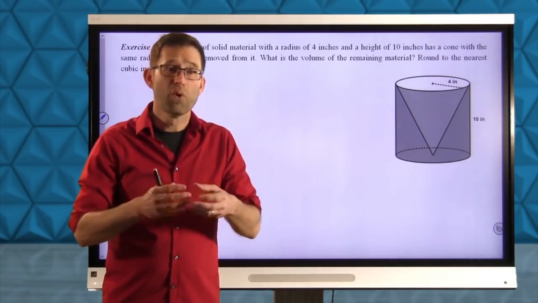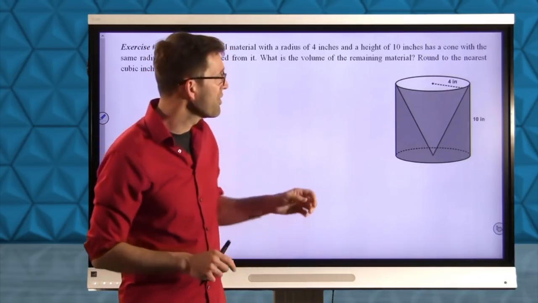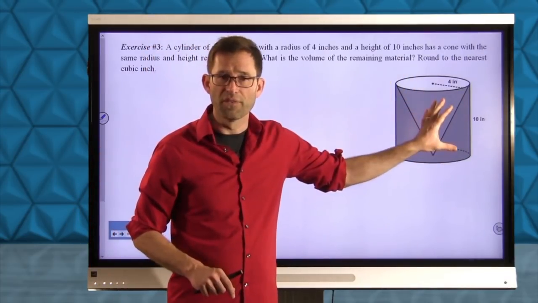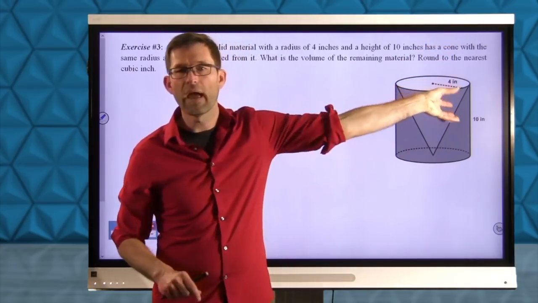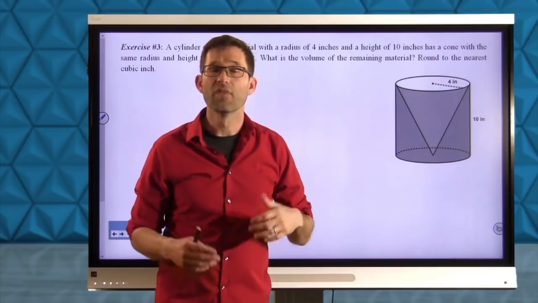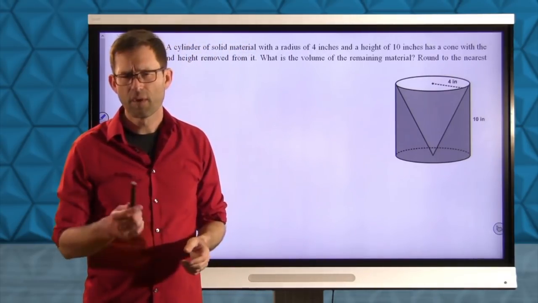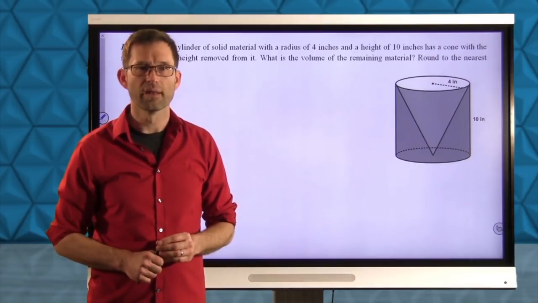So you had to calculate them both and subtract out the area that wasn't shaded. In this particular problem, we have an overall volume, the volume of the cylinder. We've cut a cone out and thrown it away, and we want to know what the volume is that remains. So again, it's a subtraction process. Play around with this and see if you can get the right answer.